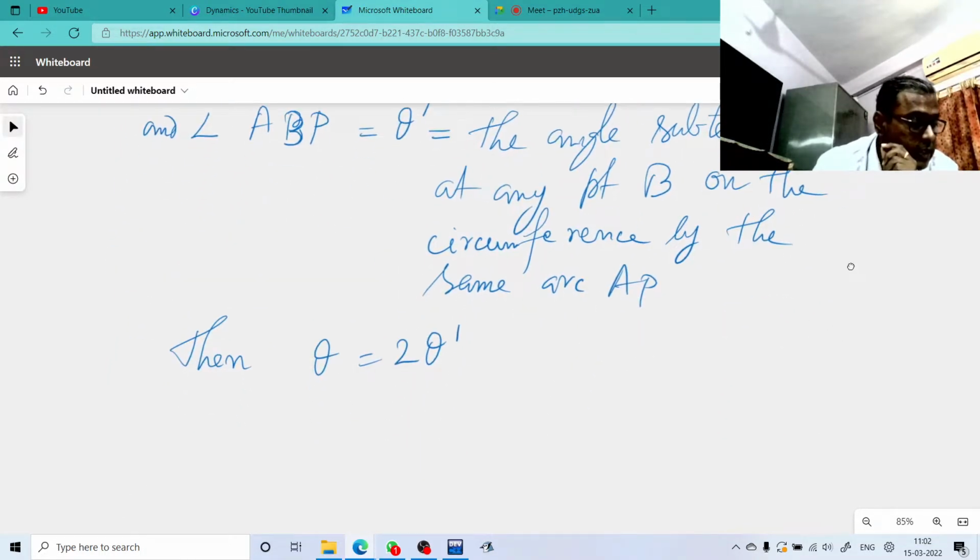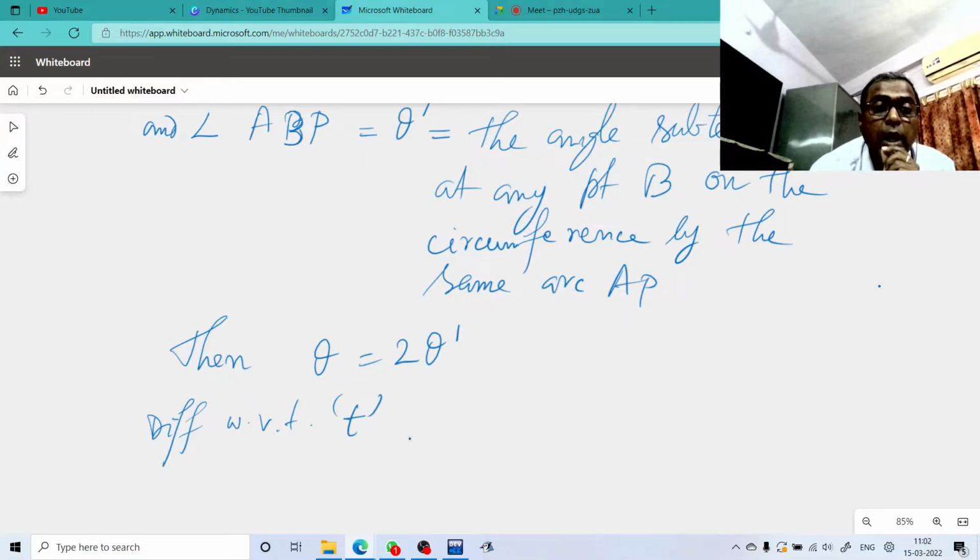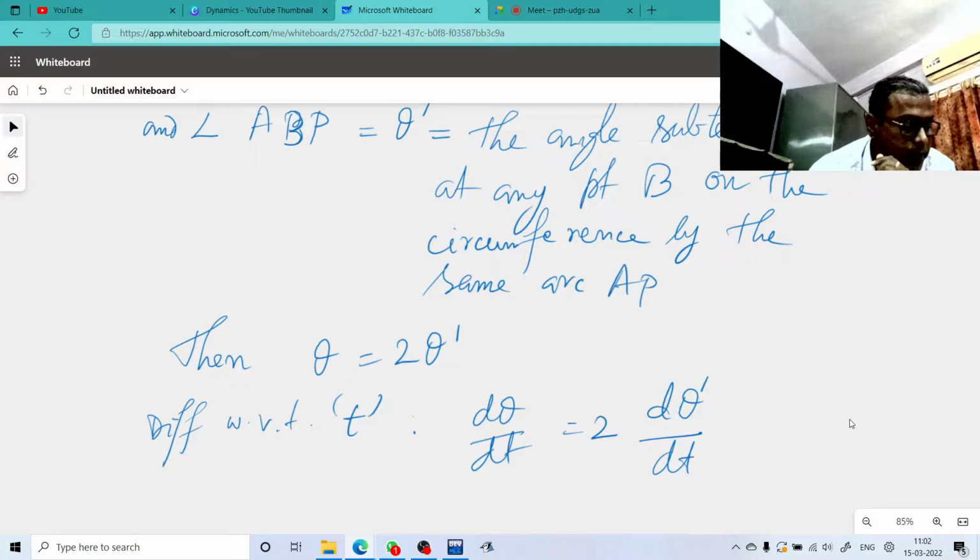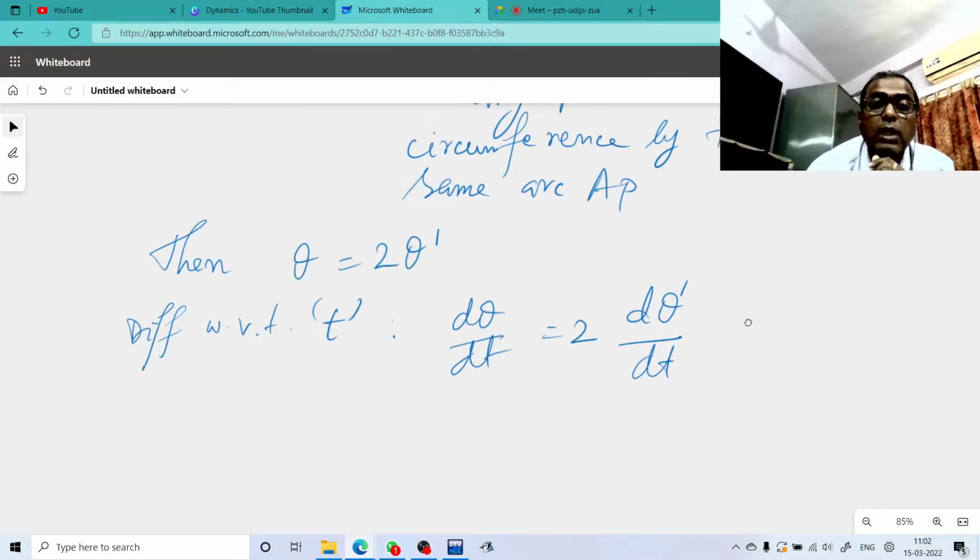It is a well known relation, and differentiating this with respect to t, we get d theta dt equal to 2 d theta dash dt. Now it is given that d theta dt is the angular velocity. So this is the constant angular velocity omega. This omega is constant, and this equals 2 omega dash.